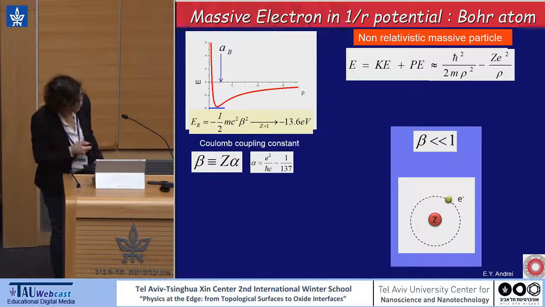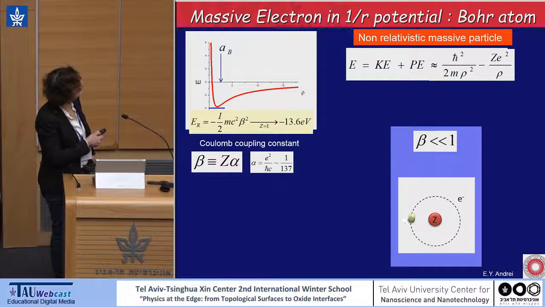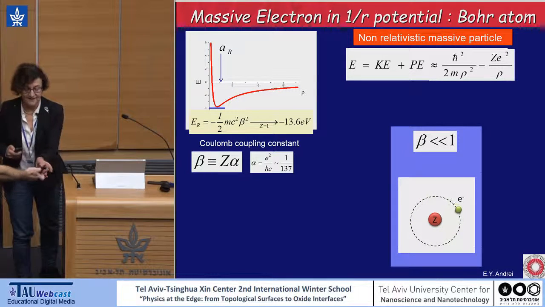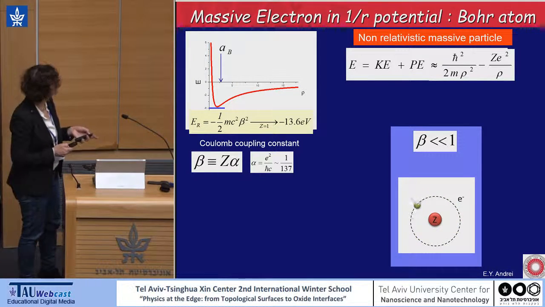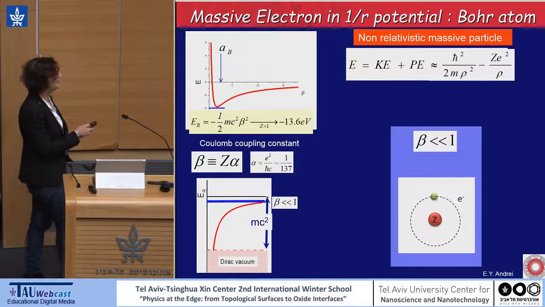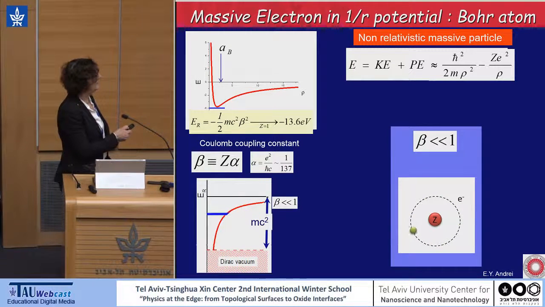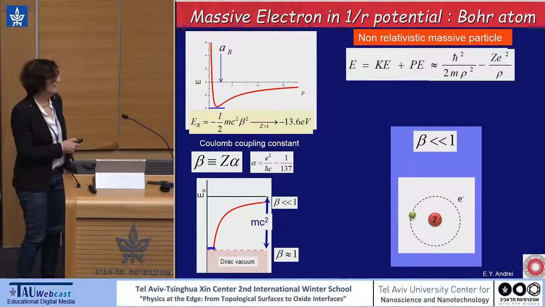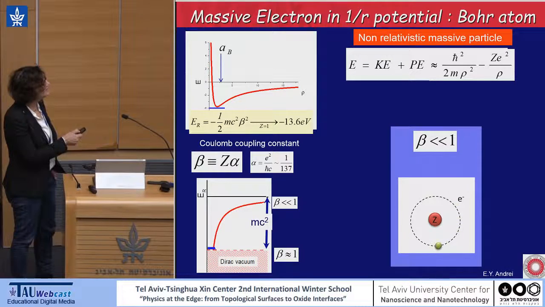So this is a very small number. Now, as beta increases, the binding energy keeps increasing, and of course the radius becomes smaller and smaller, but eventually you hit the Dirac continuum. So you can no longer use this simple non-relativistic Schrödinger equation.